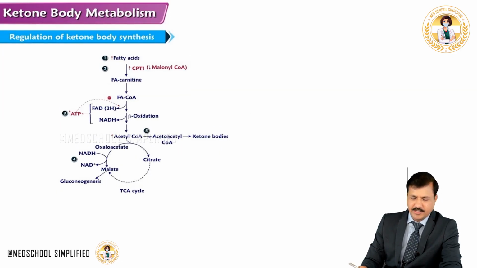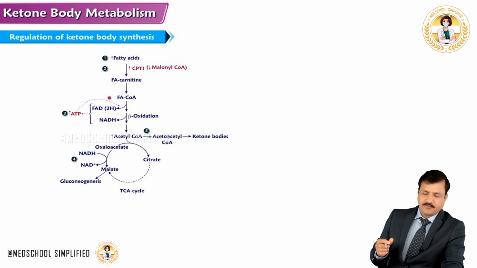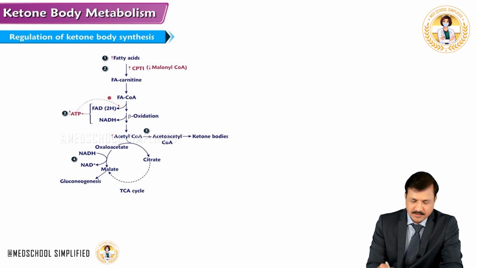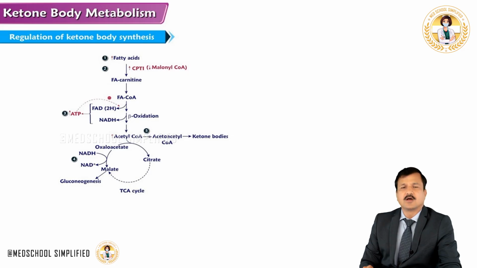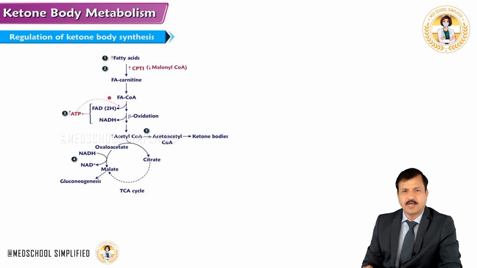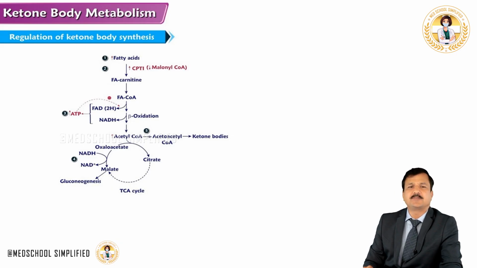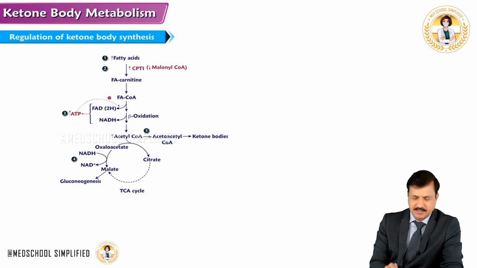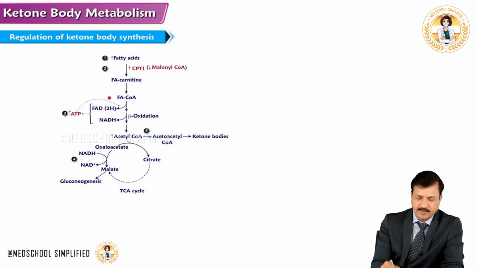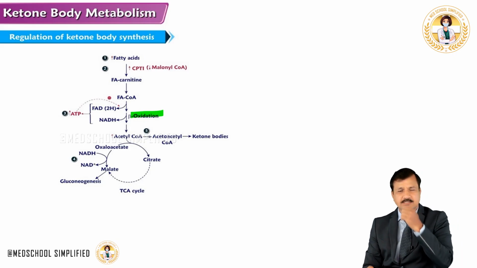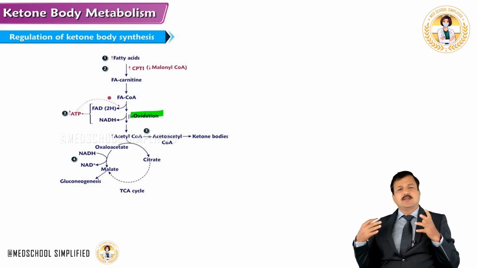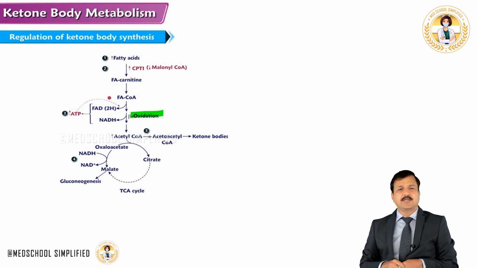So that's what is shown here in the figure. Whenever fatty acids are raised, and especially when glucagon levels are high, malonyl-CoA levels are kept low, and low malonyl-CoA means CPT1 is active, and when CPT1 is active, beta oxidation is going on, and this beta oxidation is going to increase acetyl-CoA levels, and their entry into the TCA cycle is limited because it needs oxaloacetate.